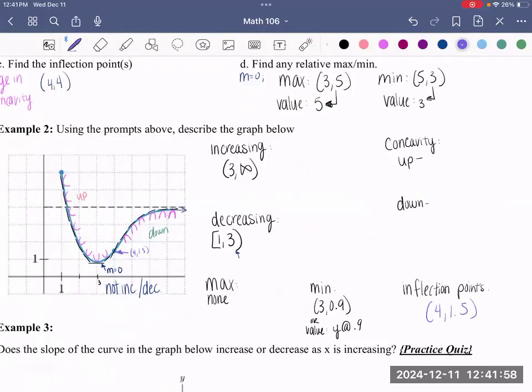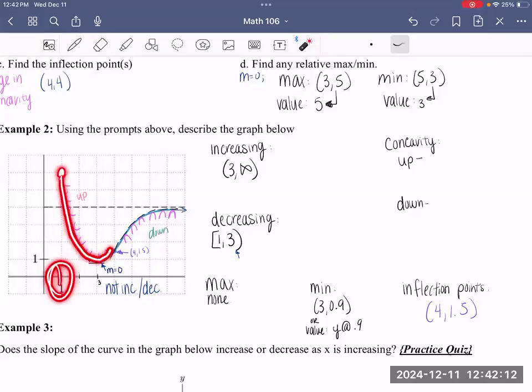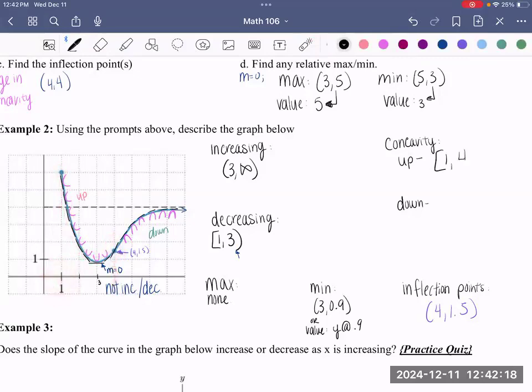And therefore we can use this 4, the x value, to then determine your concavity interval. So we were facing up, starting at a solid dot at 1, all the way up until 4. So from 1 to 4. And 4 is non-inclusive.